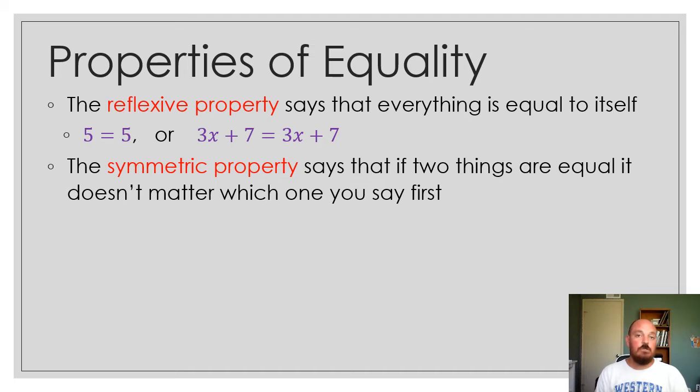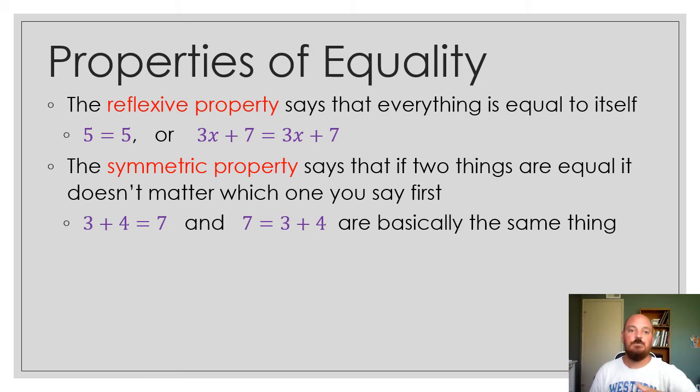Okay, number two is the symmetric property. And what that says is you can basically take an equation and flip it and it still works. So if you have two things that are equal, it doesn't matter which one is on which side of the equal sign. So for example, 3 plus 4 equals 7. That's definitely true.